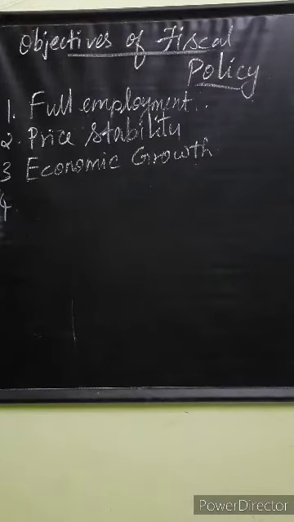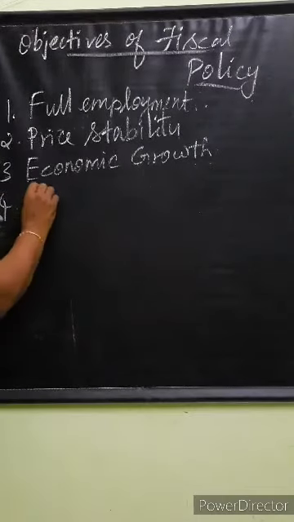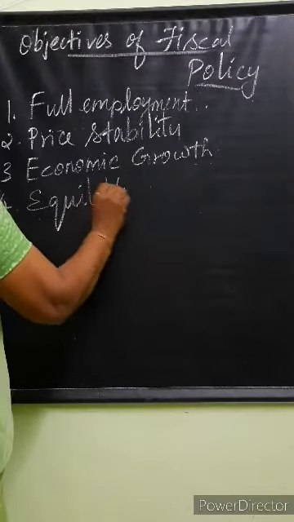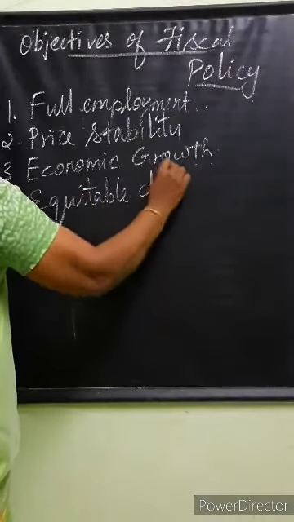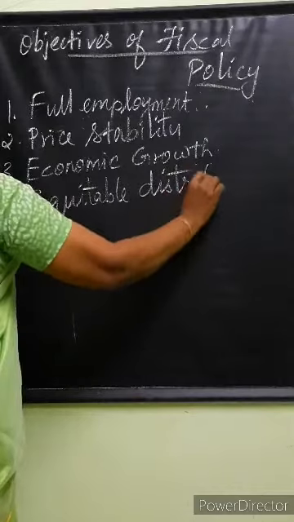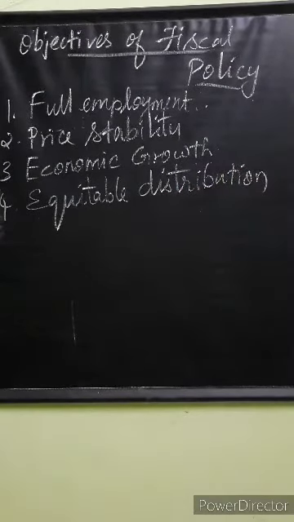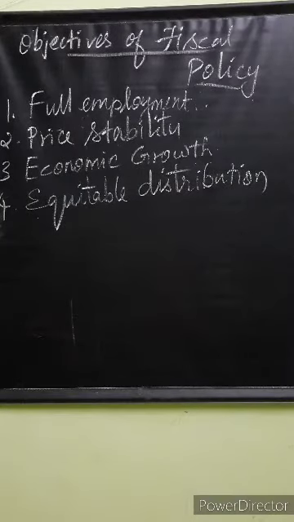And the fourth one, equitable distribution. While we were studying tax, I told you about progressive tax.